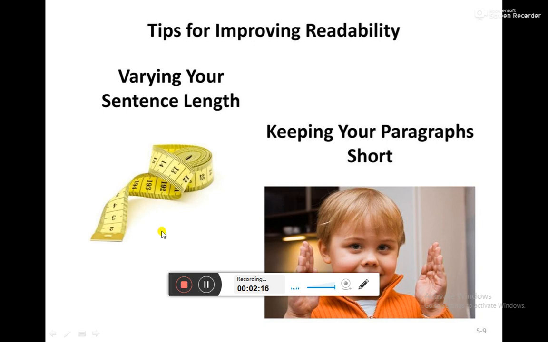The second tip for improving readability is keeping your paragraphs short. It means that large blocks of text can be visually daunting, particularly on screen.